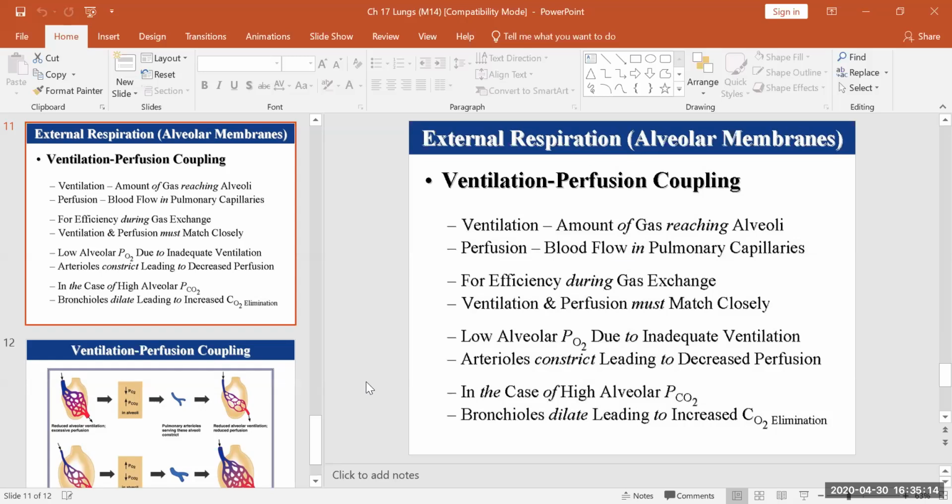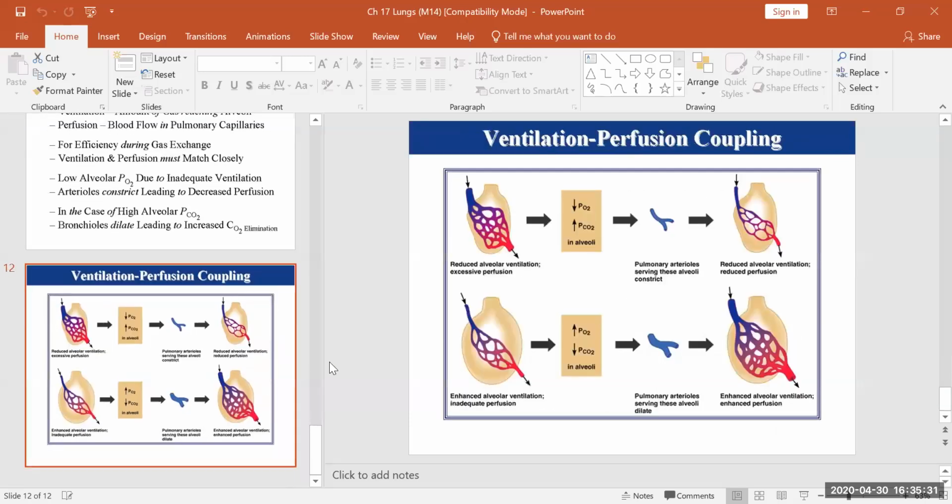That's what we call a coupling. The more ventilation, the more oxygen present, the higher the perfusion. The less oxygen, the less perfusion. And we call it ventilation perfusion coupling. Let's go to the next slide and I will come back to this one for the detail.